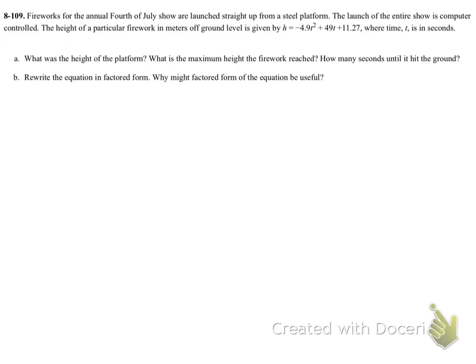Problem 109 has us looking at fireworks. We are given an equation, and with the equation, h is the height after t seconds. So when we take a look at this very first problem, problem A, what is the height of the platform? Well, that's going to be when t equals 0, when they are first lit off.